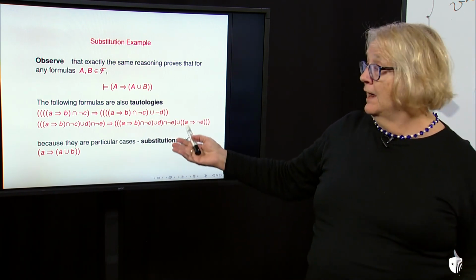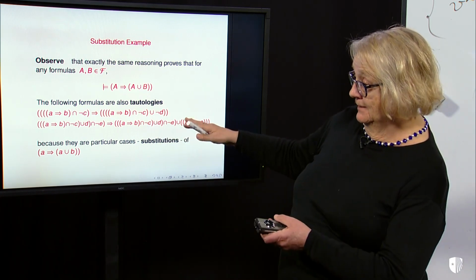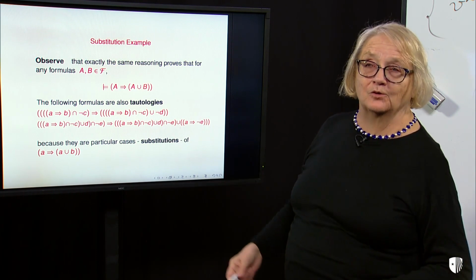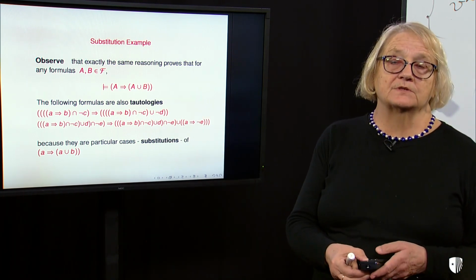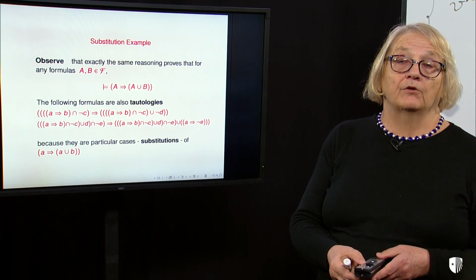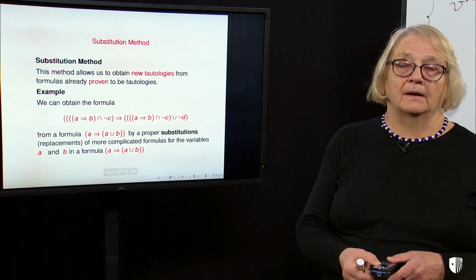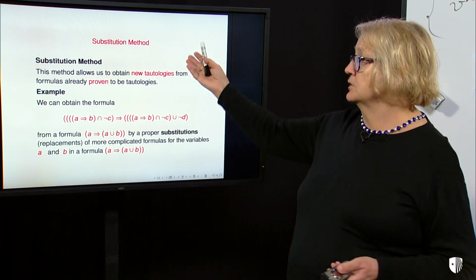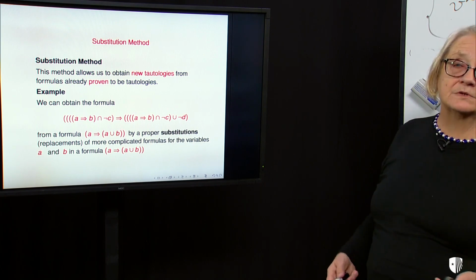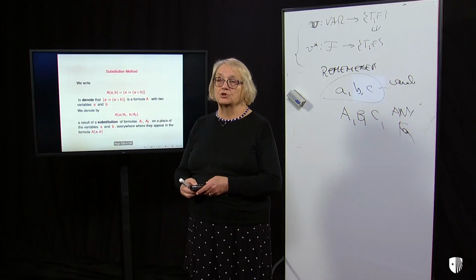So if you have a formula like that, you can see, oh, I don't need to go through all this because I know that this is a substitution of the formula. It has the schema A implies B, A implies A or B. And then you have the substitution method, which allows us to obtain new tautologies from already proven tautologies.